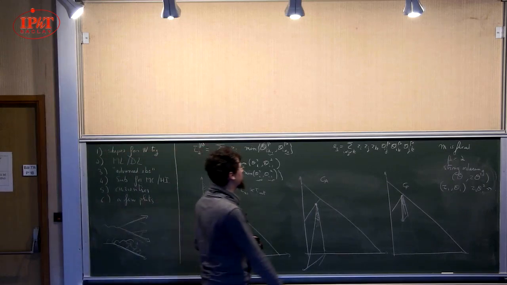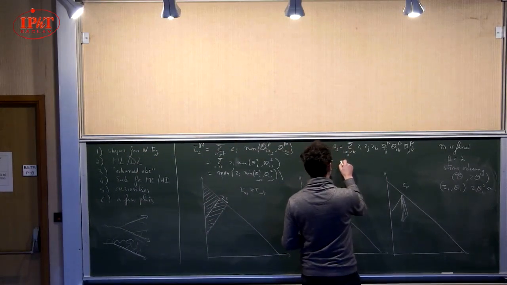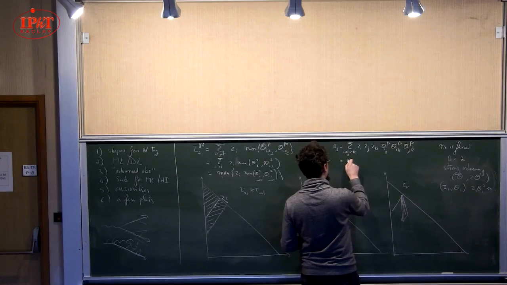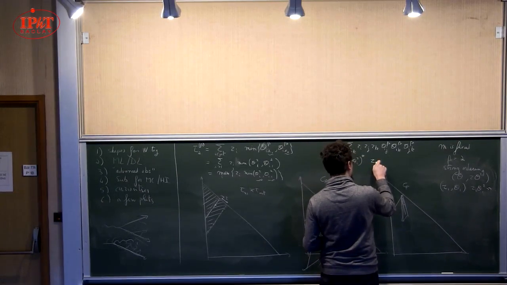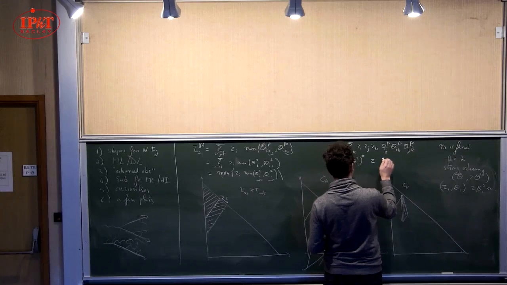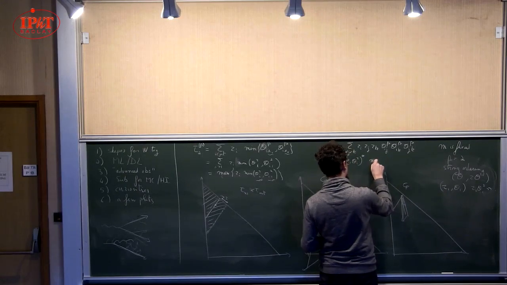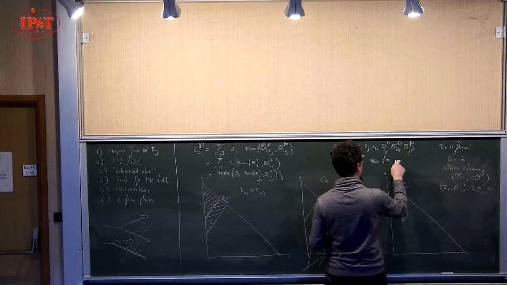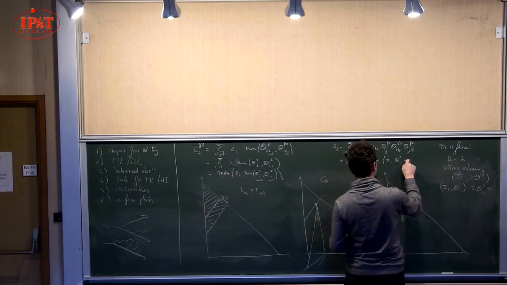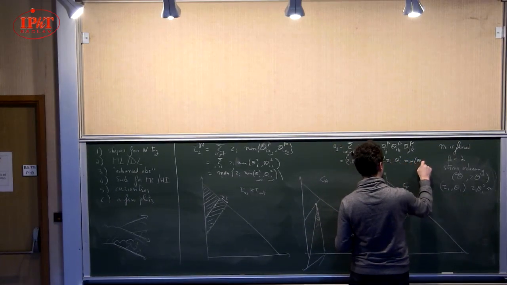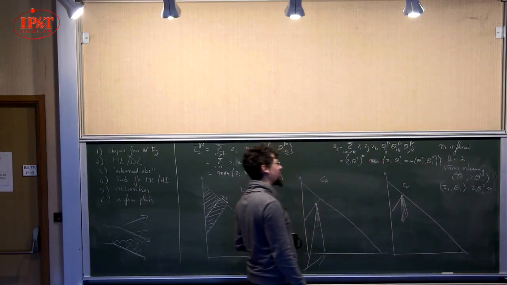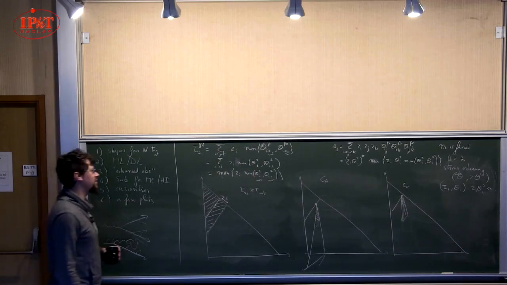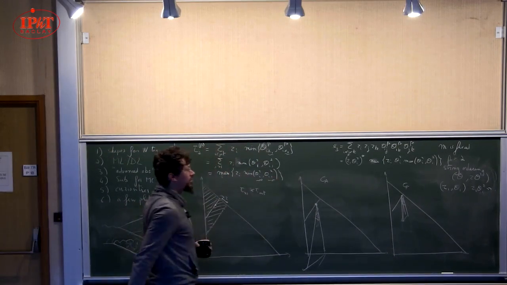So if you do this calculation for E3 here, what you're going to find, up to some constant, so up to a factor z_1 theta_1 squared to some power, is something like the max of z_i theta_i squared times the max of theta_i squared, theta_1 squared. If you make the same kind of simplifications I did here, that's what you find.